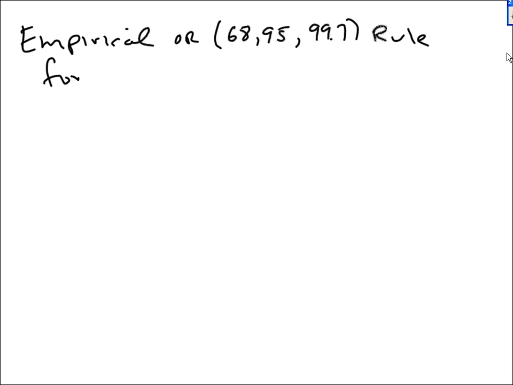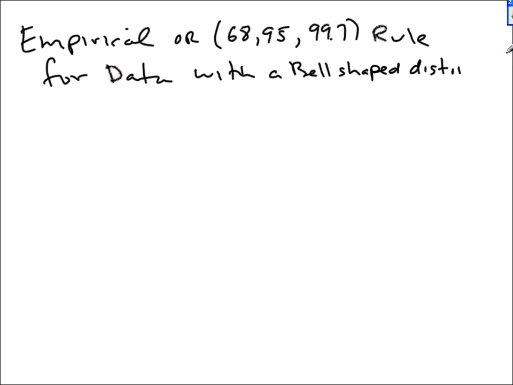And this is for data with a bell-shaped distribution. Bell-shaped distribution means if you plot the data, it looks like a bell-shaped curve.